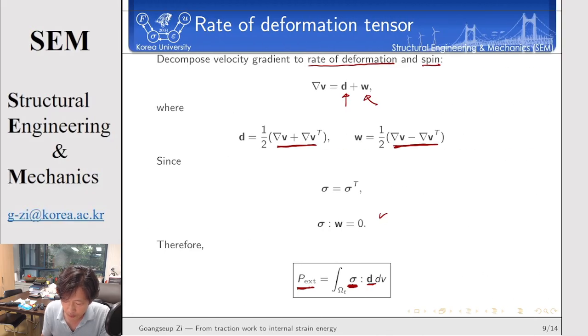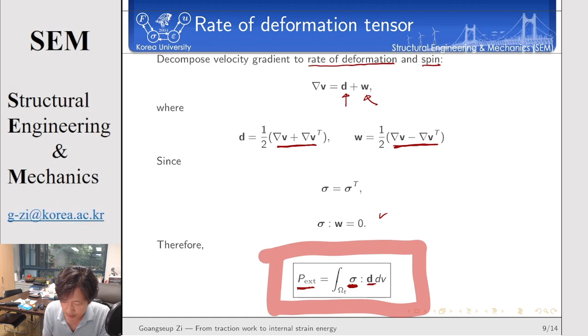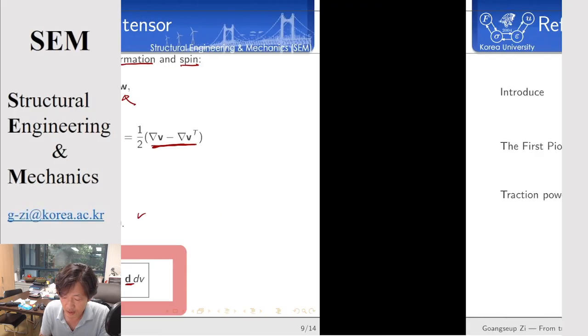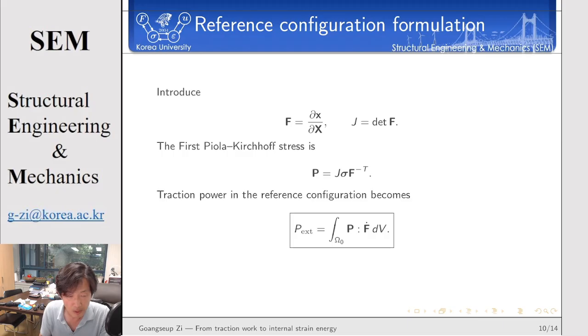Starting from this equation, if you consider the transformation between the Cauchy stress tensor and the nominal stress tensor, or the deformation gradient, for which you can refer to a continuum mechanics textbook, the same power can be formulated using the nominal stress measured in the reference configuration and the rate of deformation gradient. Make sure that the integration is for the initial configuration.